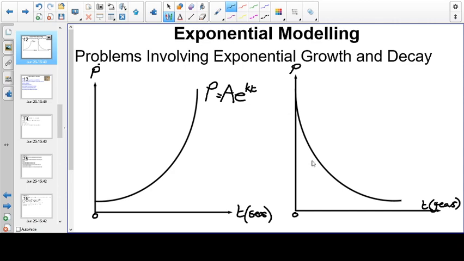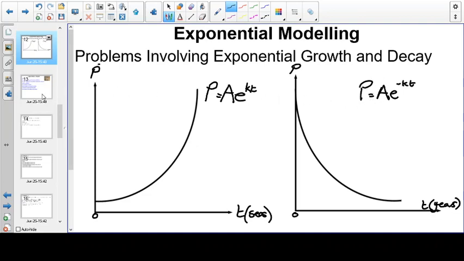For it to go that way, this has got to be negative. So if you have something like that, generally it's going to be exponential decay unless there are other things going on. So you're going to see lots of formulae that look like this.